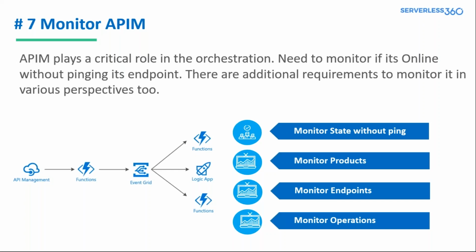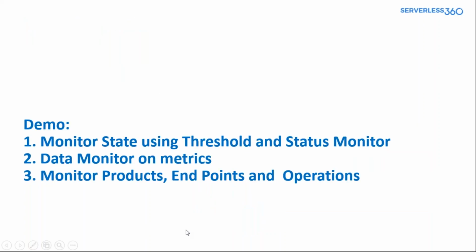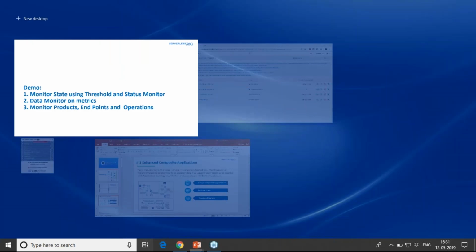And in an APIM, you could have a product, endpoint, and operations at various levels. So the requirement would be to monitor the APIM at various levels on various metrics to achieve monitoring from various perspectives. So let us see what are the different types of monitoring that Serverless 360 offers for APIM.